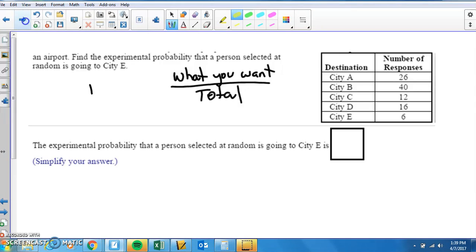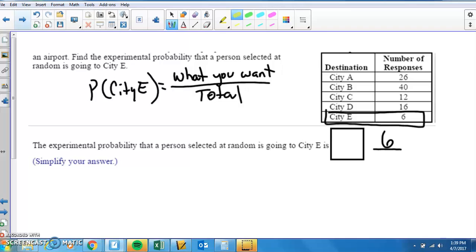We're trying to figure out the probability for going to city E, and what we want is going to city E. City E is 6, so the number of responses is 6. That's my top number, what we want. And our total comes from adding everything together.